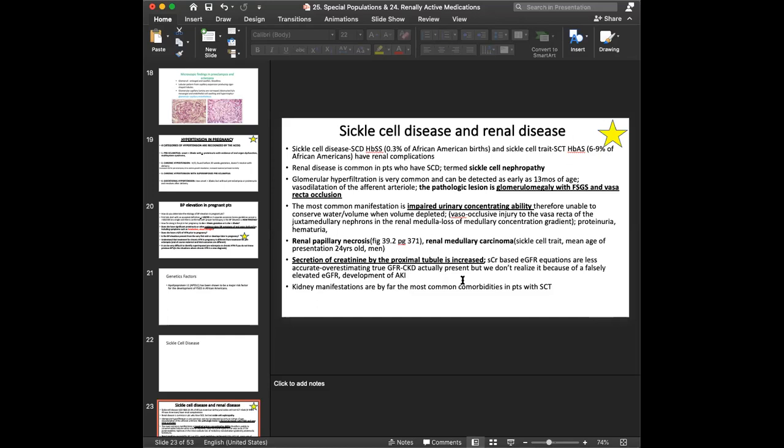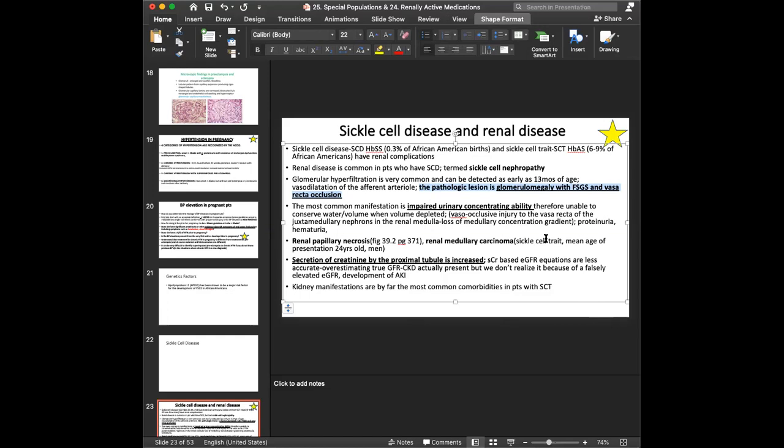So think about it, it could happen in the kidneys too. So we've got sickle cell nephropathy, a glomerular pathologic lesion with FSGS and vasa recta occlusion. So there's that occlusion.